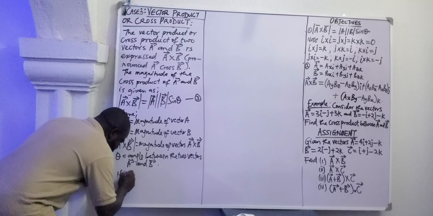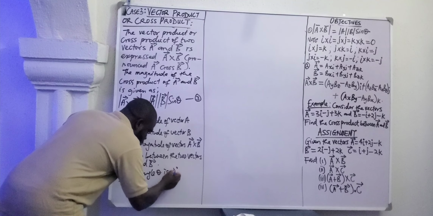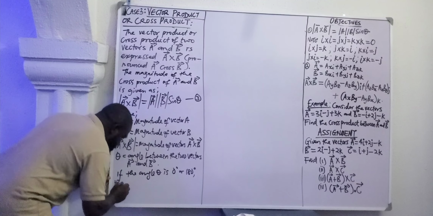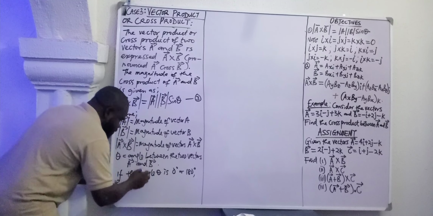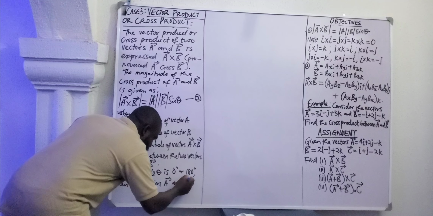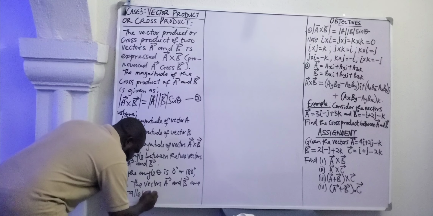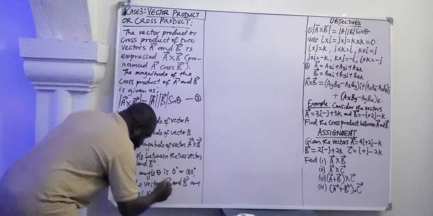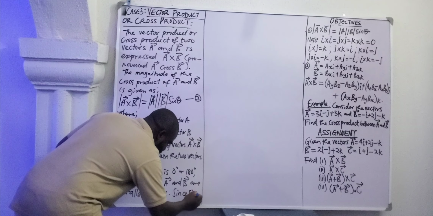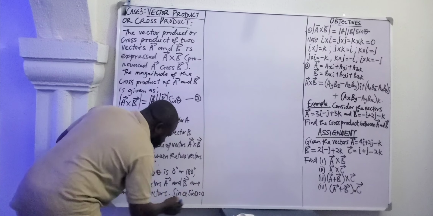If the angle theta is 0 degree or 180 degree, then the vectors A and B are parallel vectors, because sin 0 is 0.